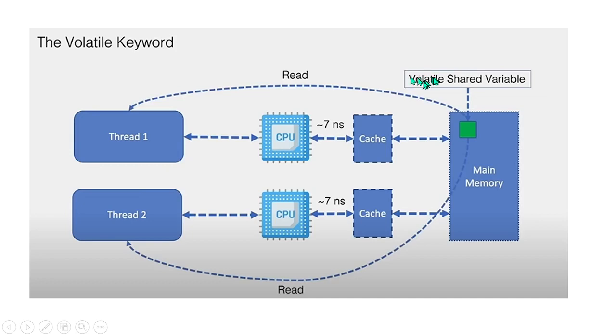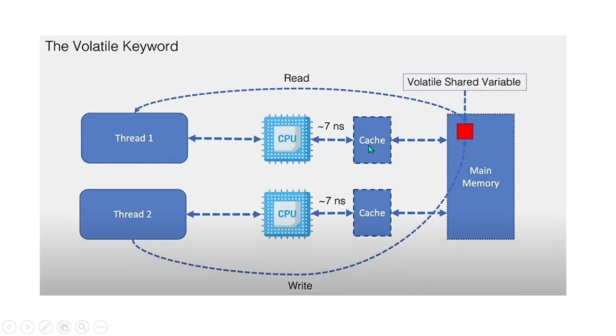So if we make this variable volatile, it makes sure that both reads and writes go to the main memory, not the cache memory. If thread 2 is writing, it writes to main memory, and thread 1 reads the same.